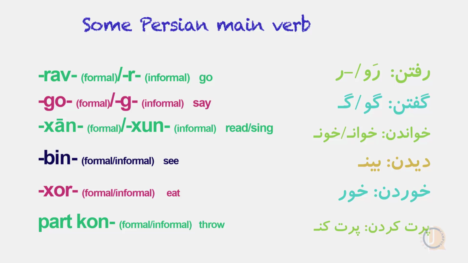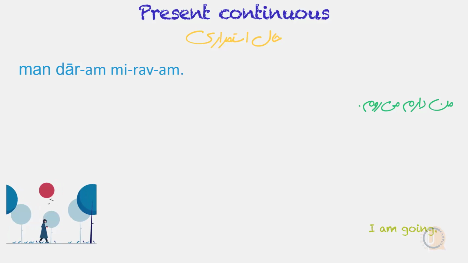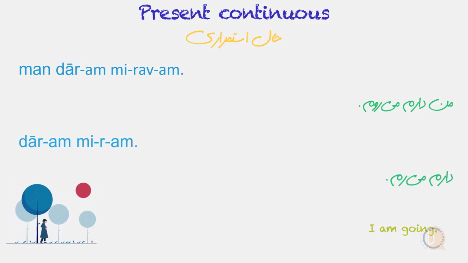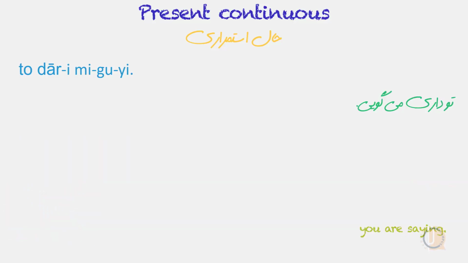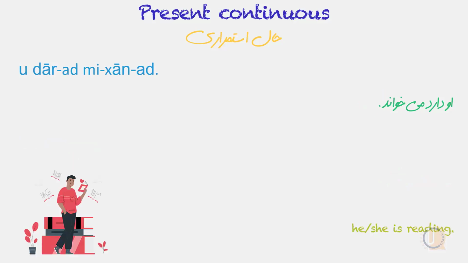Now let's make the present continuous. من دارم میروم or دارم میرم. تو داری میگویی, formal, or داری میگی, informal. You are saying. او دارد میخواند, formal, or داره میخونه, informal.